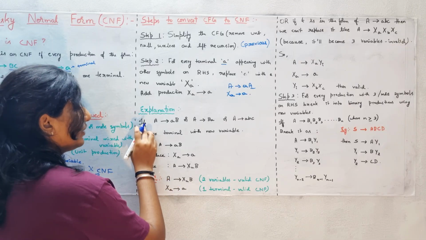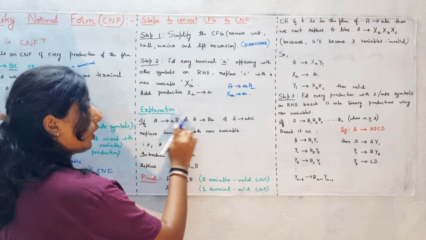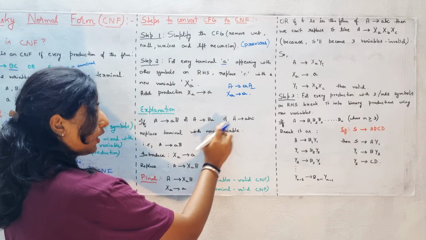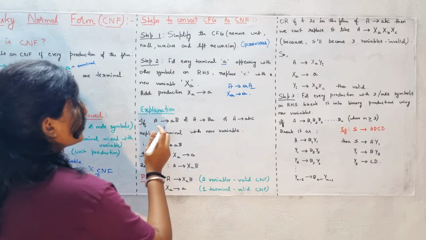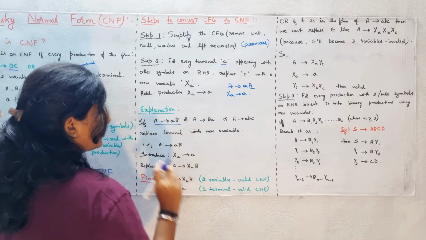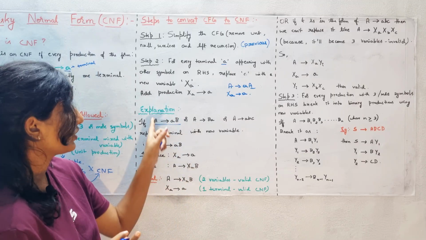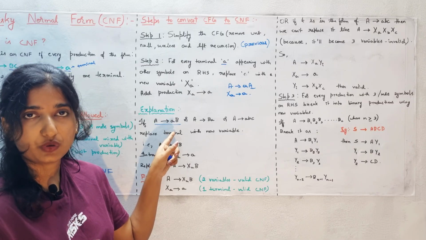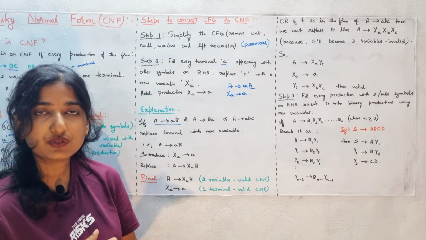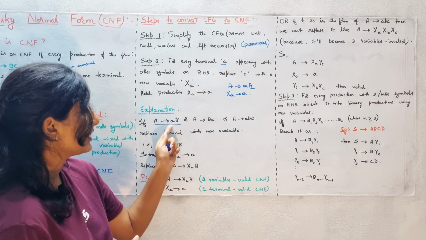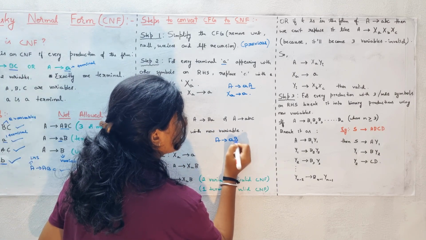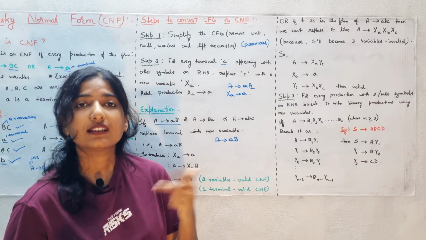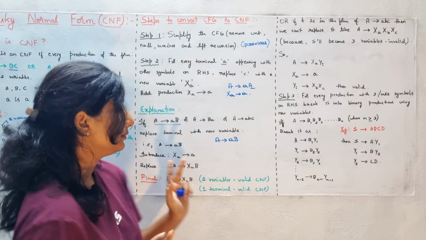Okay, so if A derives ab or A derives ba or A derives abc, this is the case. Okay, so if there is A derives aB, let us take this. If this is the case, this one is not allowed. We have to convert this CFG to CNF, right? A derives aB is not allowed because this is a combination of one terminal and one variable.